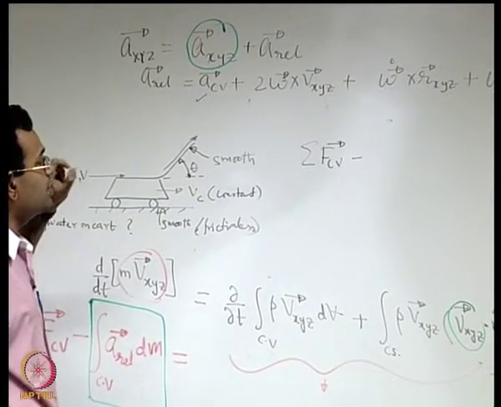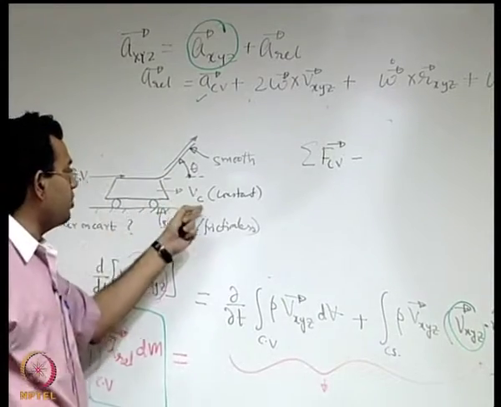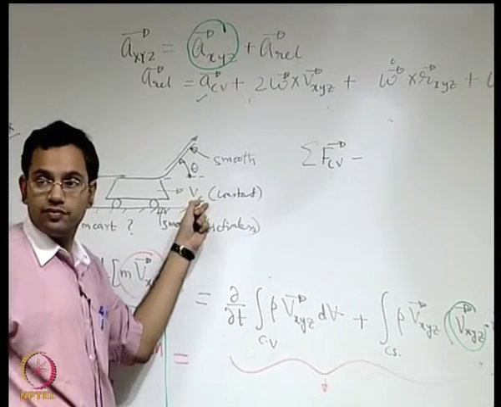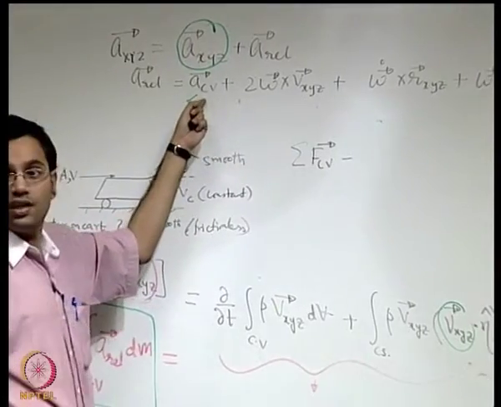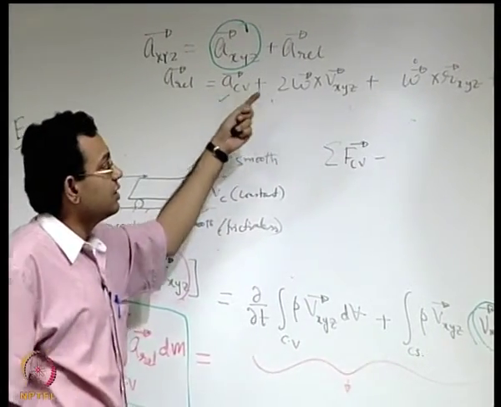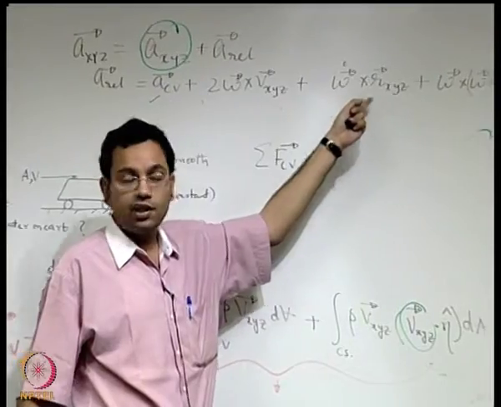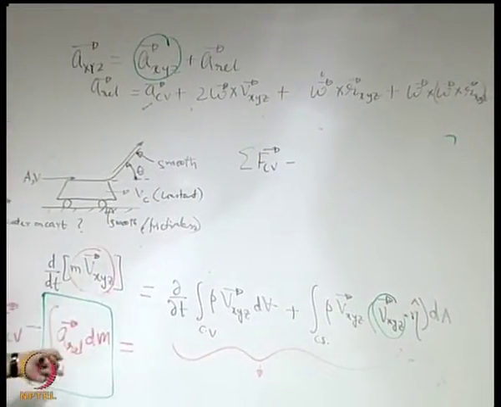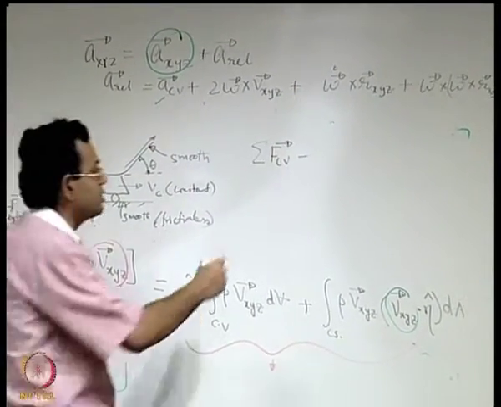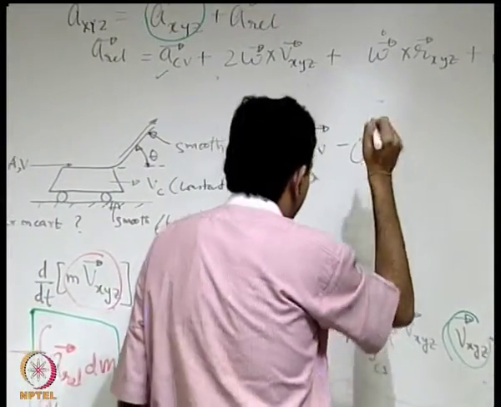So, small xyz is moving with a uniform velocity Vc, so it is not having any linear acceleration. There is no angular motion of small xyz, that means the A relative term is totally 0.